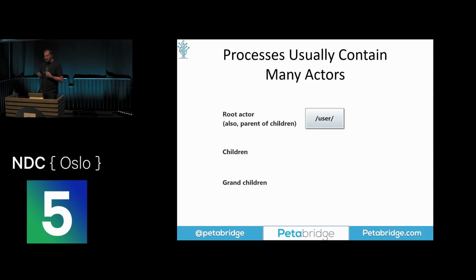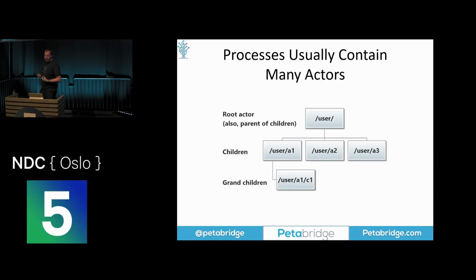One of the implications of this is that if we have an actor hierarchy, which is how actors get organized inside Akka.NET, you have parent and child actors. It means that we can use this actor hierarchy to partition our state.